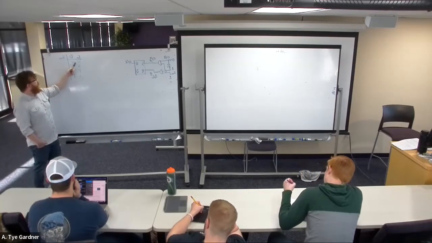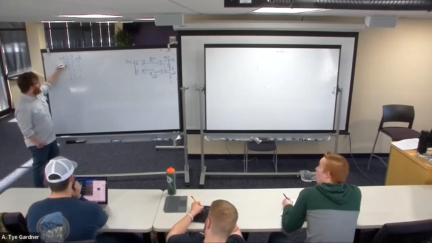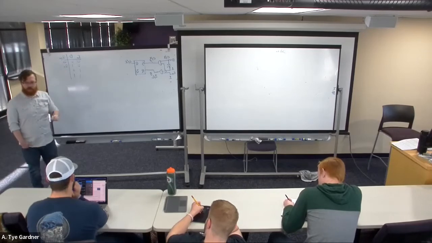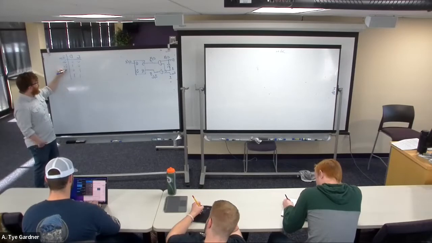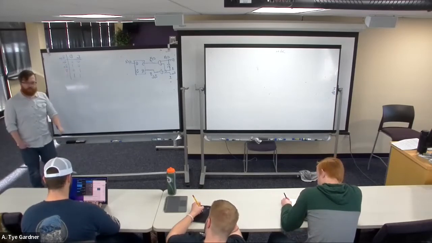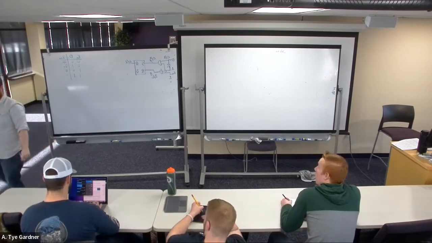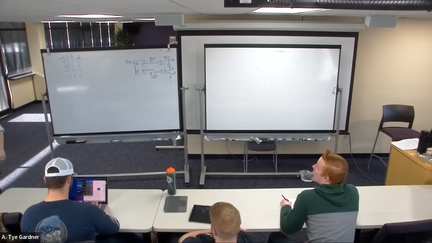Well, if enable is 0, it doesn't matter what D is doing. We just remember the old value, right? It holds on. If enable is on, then it just follows D. That's a D latch. Again, it's just latching on to whatever the data input is, the input.